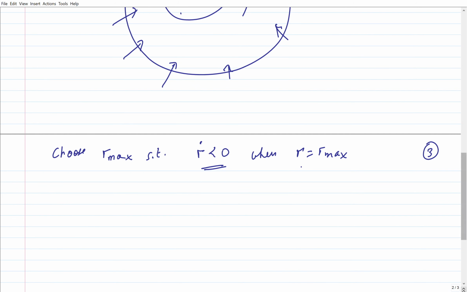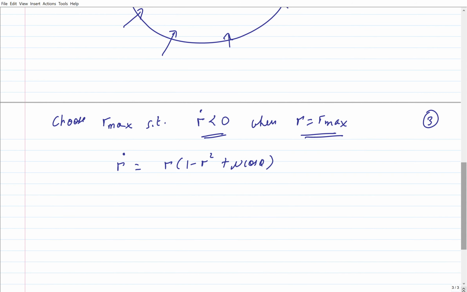So let's consider the case for r max. So I'll just write down r dot is r(1 minus r squared) plus mu cosine theta. And what's the condition for making sure that this is negative, for r dot to be less than 0 at r max?